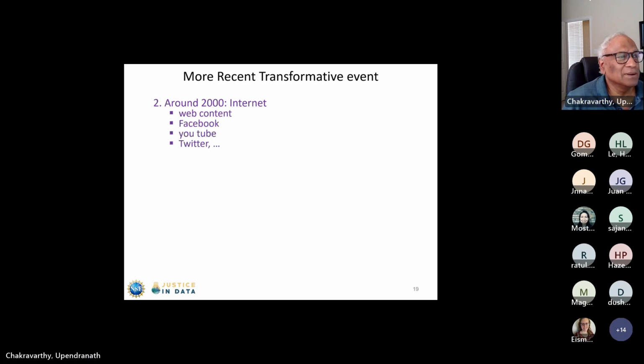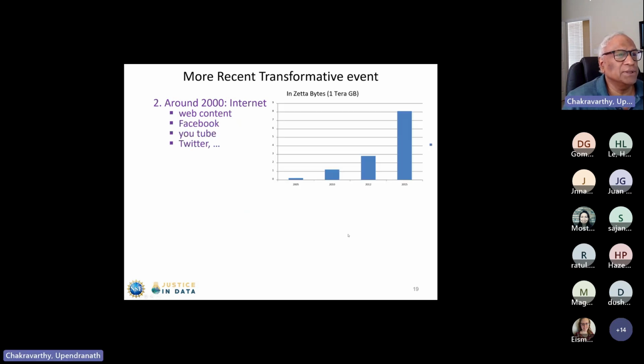Internet again changed the availability of information from a very small amount into zettabytes. 1 zettabyte is a 1 tera gigabyte. It has lots of zeros in front of it. So you can imagine, and this is doubling or going up every year. So this is what is happening to data as we speak. The amount of data is growing.